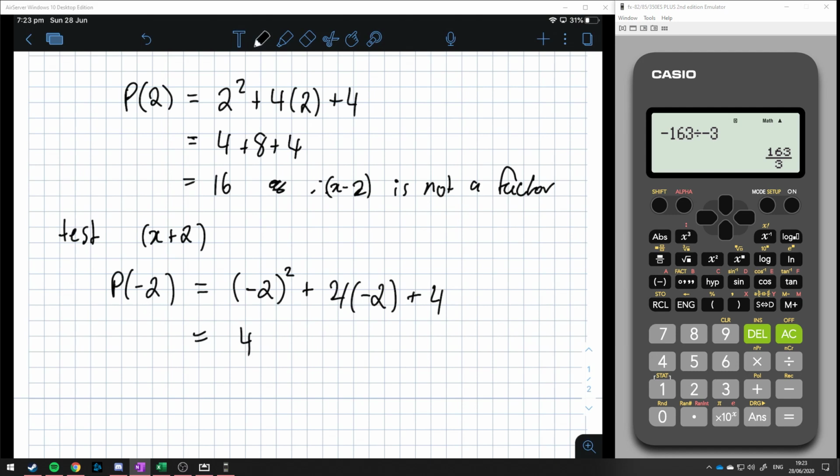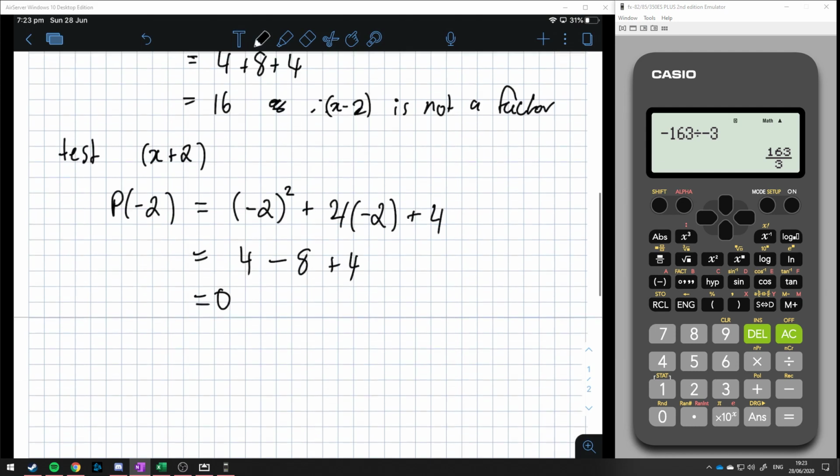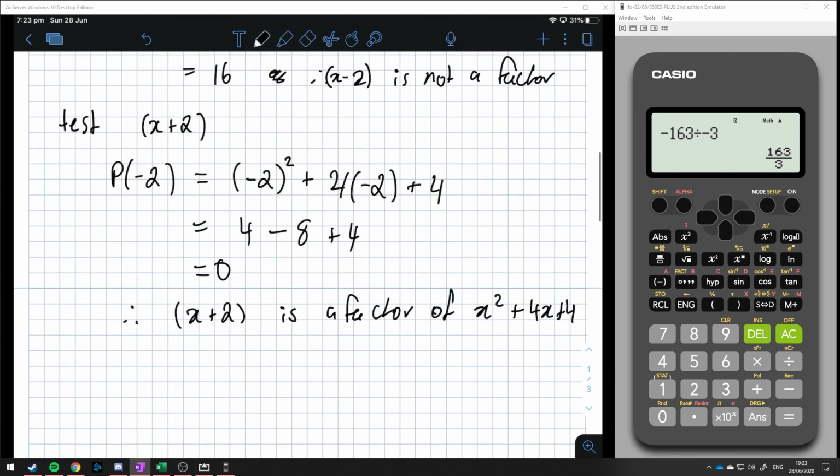Now putting this in, we get 4 minus 8 plus 4, which is equal to 0. So therefore, x plus 2 is a factor of x squared plus 4x plus 4. And that's basically what it means. All you need to do is substitute it in, and if you get it to be equal to 0, then it is a factor.